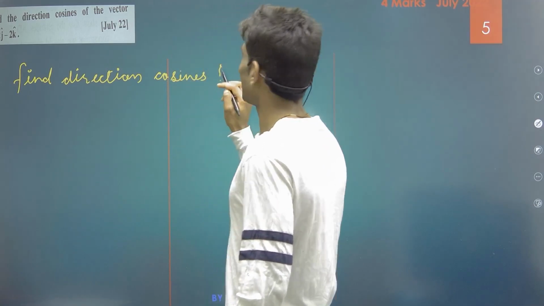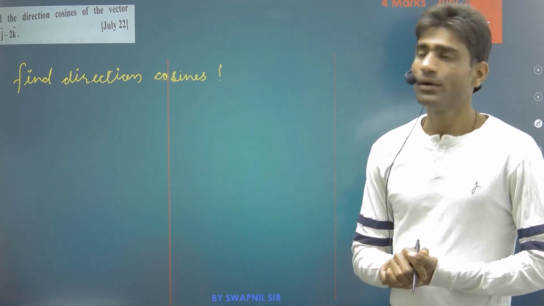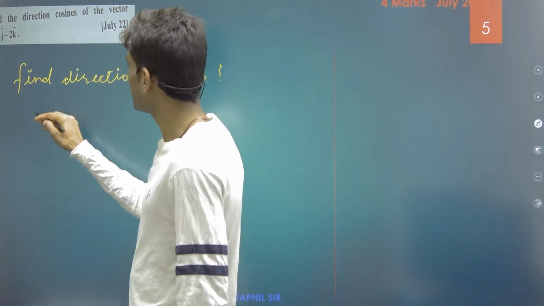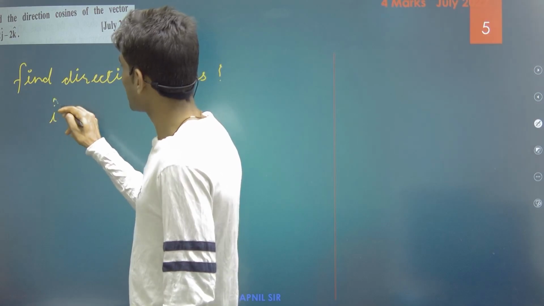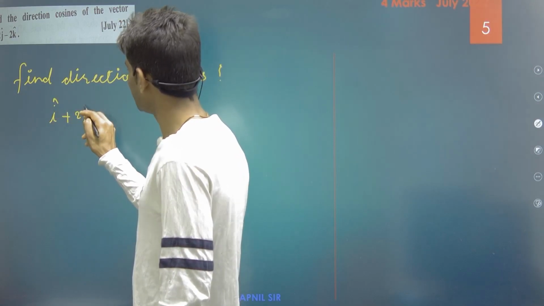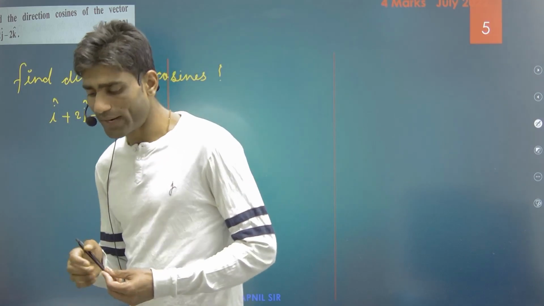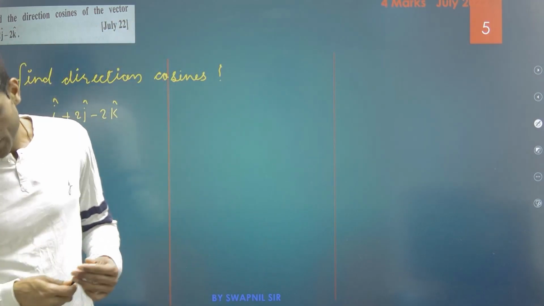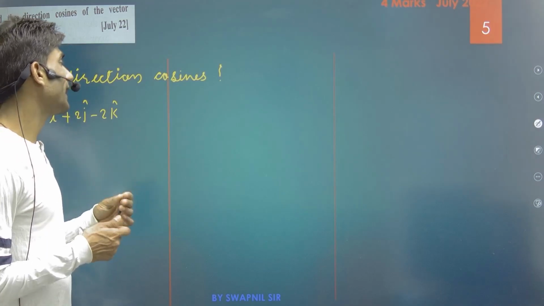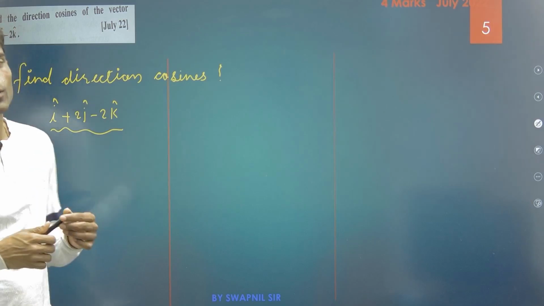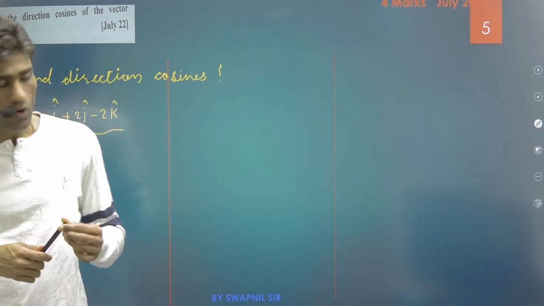We want the direction cosines for the vector i cap plus 2j cap minus 2k cap. This one is our required vector, and using this vector we have to find out the direction cosines.